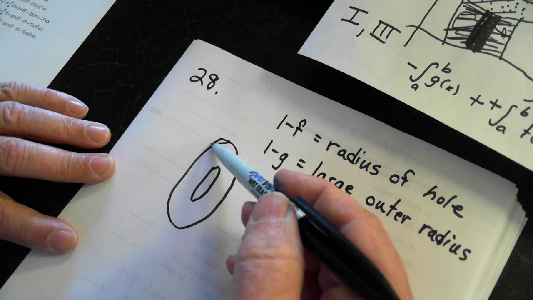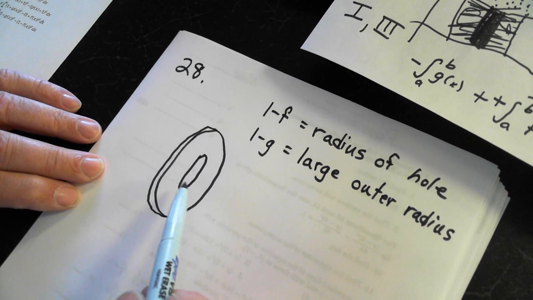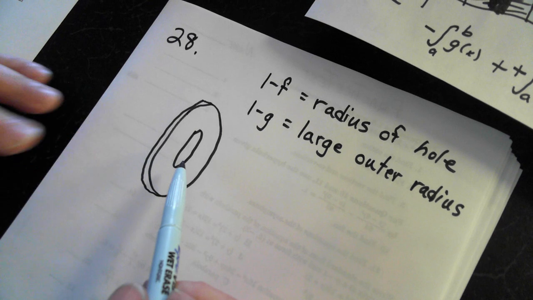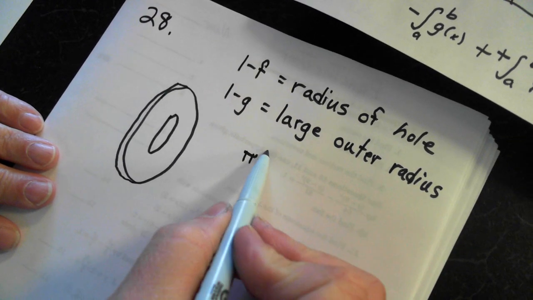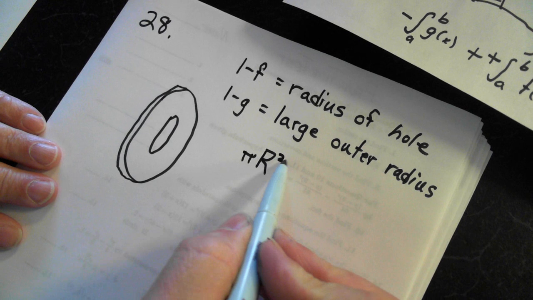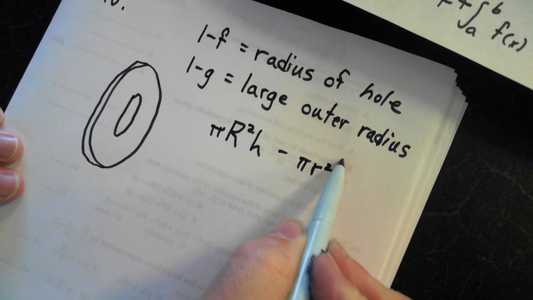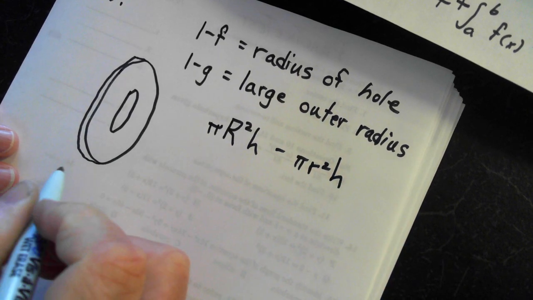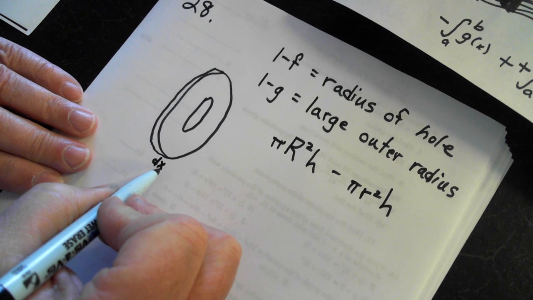We did do a few of those, and we learned that the equation is going to be cylinder minus cylinder, which is pi r squared h minus pi r squared h, and the tiny little change in x is your h.